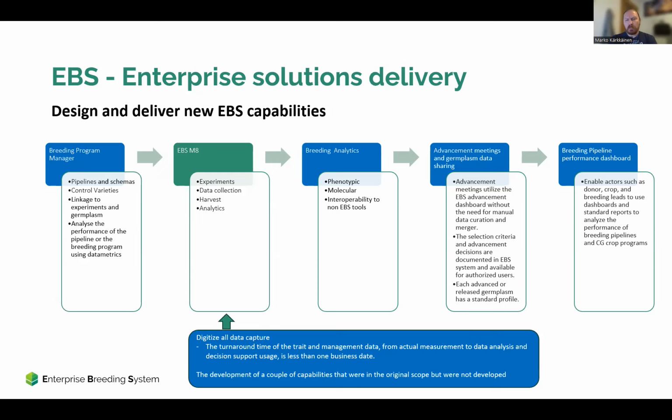So we want to build a capability that facilitates the advancement meetings so that breeders can use that solution when making decisions based on the data that has been collected throughout the years and analyzed, and then store that information in the database as well, so that when a breeder leaves the program, the decisions made are available to the next one. So continuous operations is also part of the plan in advancement meetings.